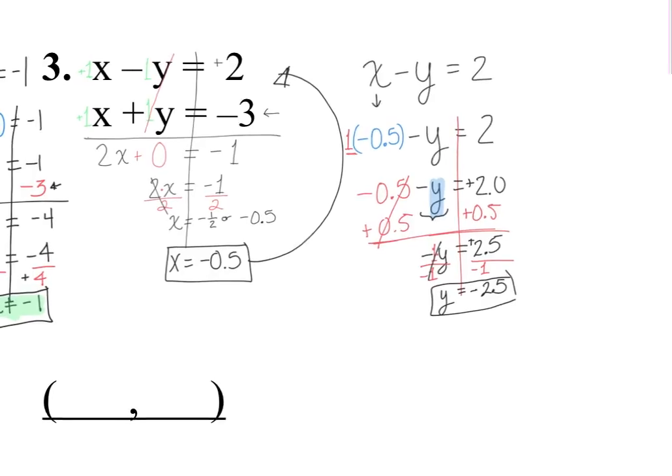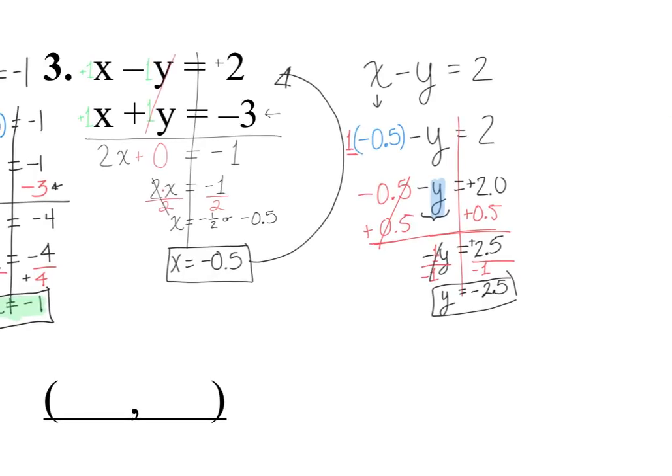Alright, so here's my points again. x comma y. And if you're comfortable with fractions, that would have been negative 1/2 comma negative 5/2. Okay.